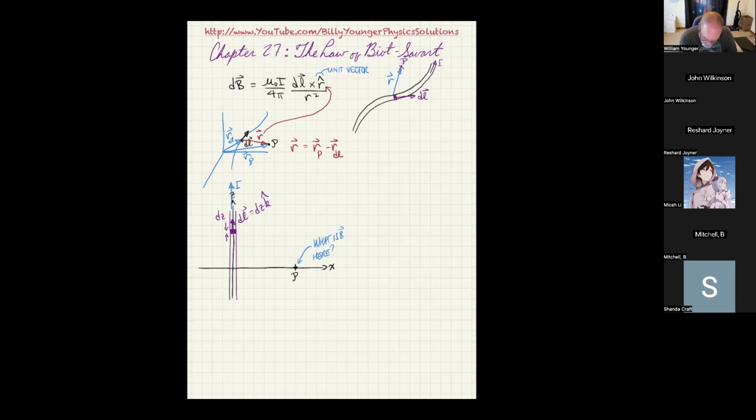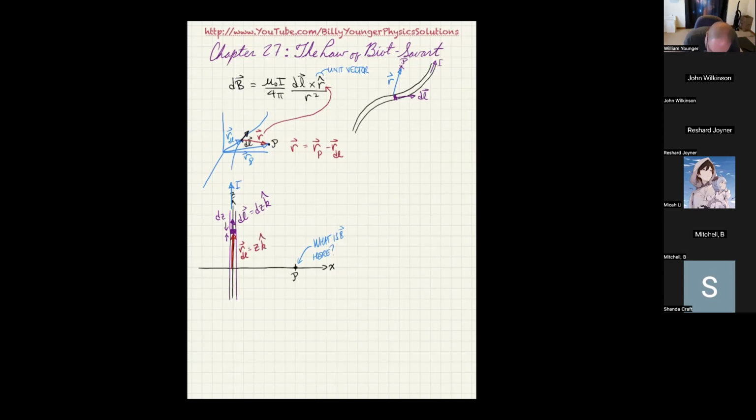Now, if you want to use the little red vector that I just showed you, then you'd say, okay, this little vector points from the origin to dl. So this little vector is r_dl, and I think you can see that would be z k hat.